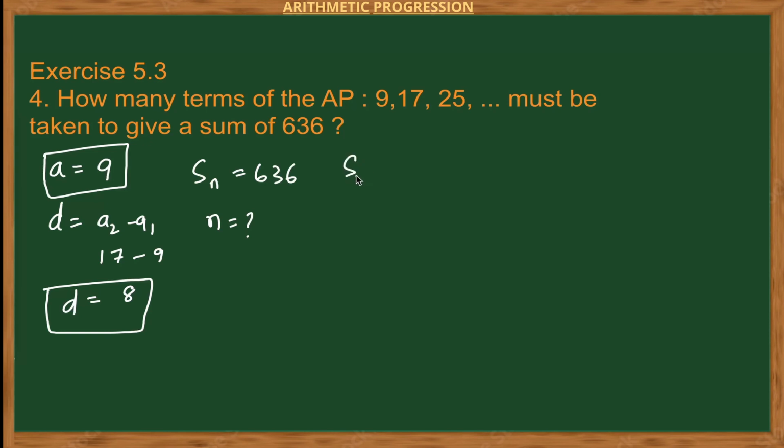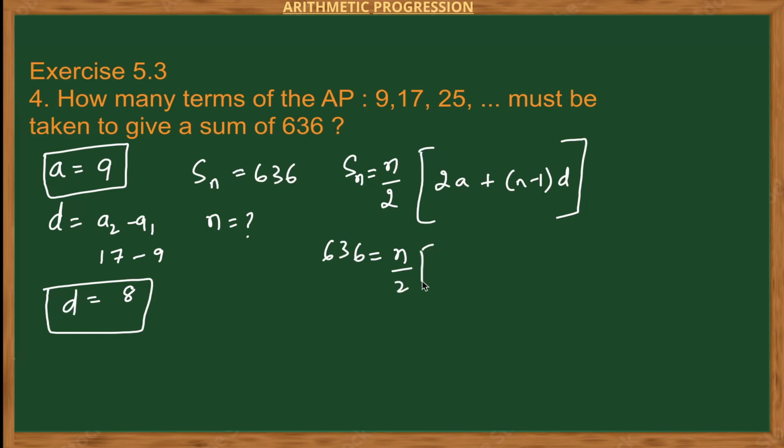Sn is equal to n by 2 into whole bracket 2a plus n minus 1 into d. Let's substitute the values we have. 636 is equal to n by 2, 2 into a we have 9, plus n minus 1 into d we have received.